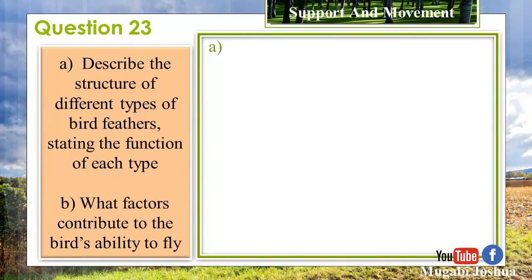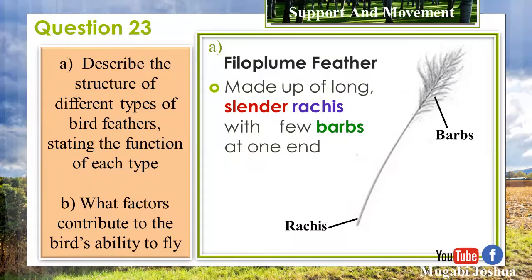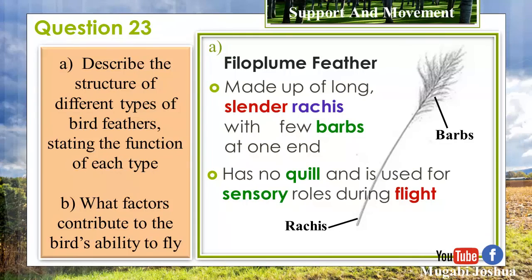Another type of feather is the phyloplume feather. If you look at it, it is made up of a long, slender rachis with few barbs at the end.